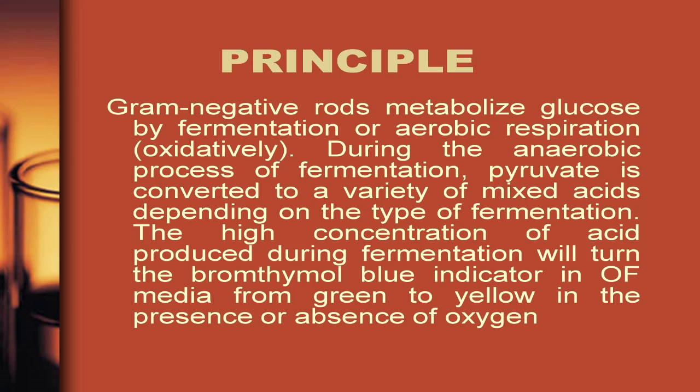During the anaerobic process of fermentation, pyruvate is converted to a variety of mixed acids depending on the type of fermentation. The high concentration of acid produced during fermentation will turn the bromothymol blue indicator in OF media from green to yellow in the presence or absence of oxygen.